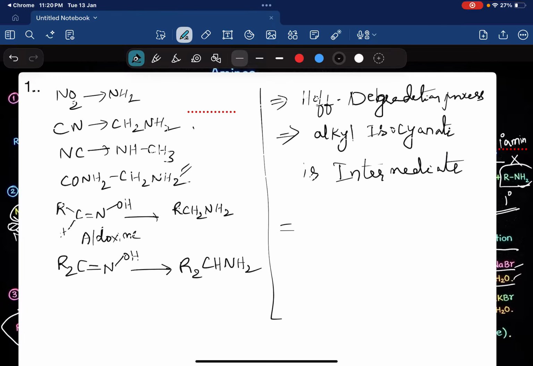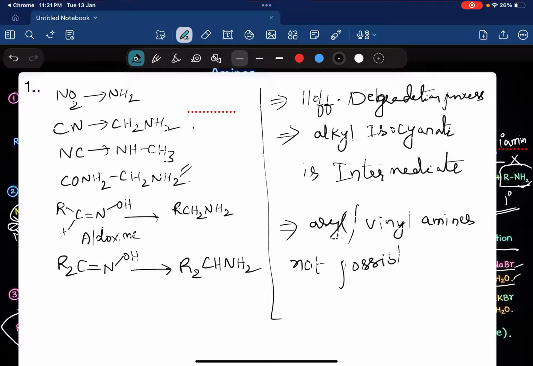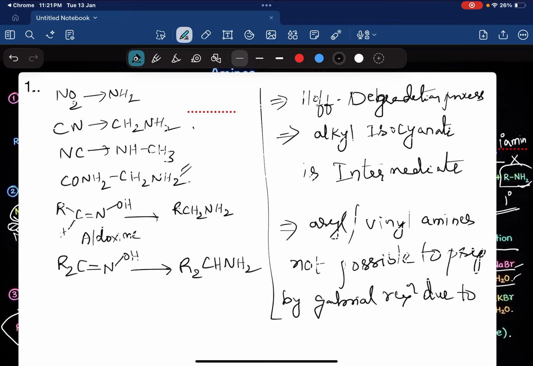And coming to the second important point, aryl or vinyl amines are not possible to prepare by Gabriel phthalimide reaction or Gabriel reaction due to partial double bond character.